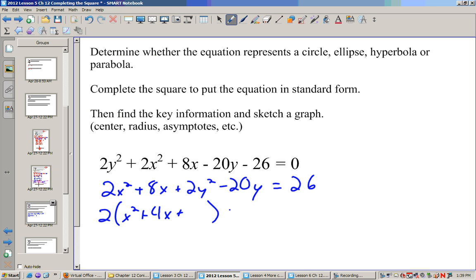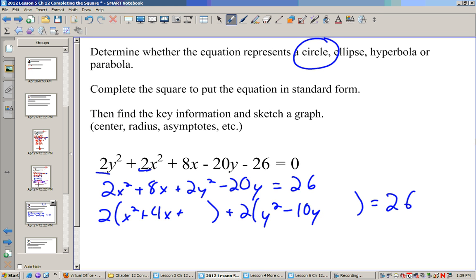Over here, I can also take a 2 out. Now, one thing I didn't do in the first step is determine what it is. Since those two are both the same number, this is going to be a circle.